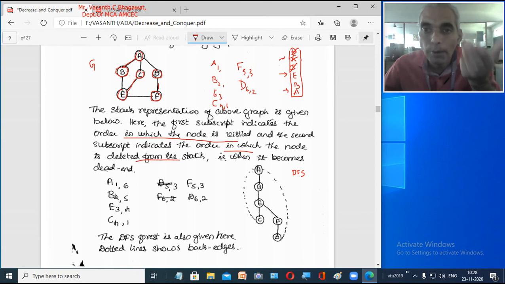So you have to pop E. So the next node which you are going to pop out from your stack is E. Remove E from your stack. So where is E? E is here, right? Now E was which node, in the order in which it came out? Now it was 4. So 3 comma 4. This was the fourth node which came out.